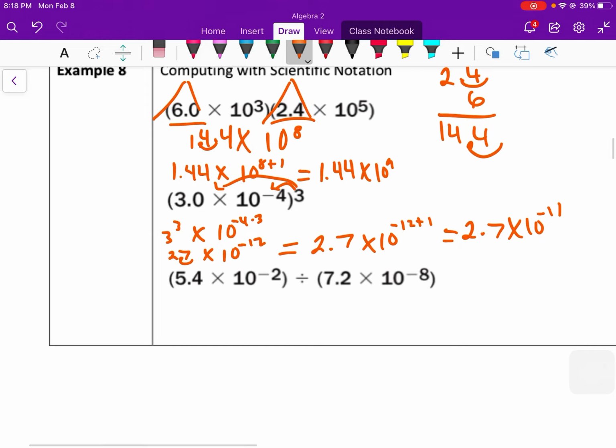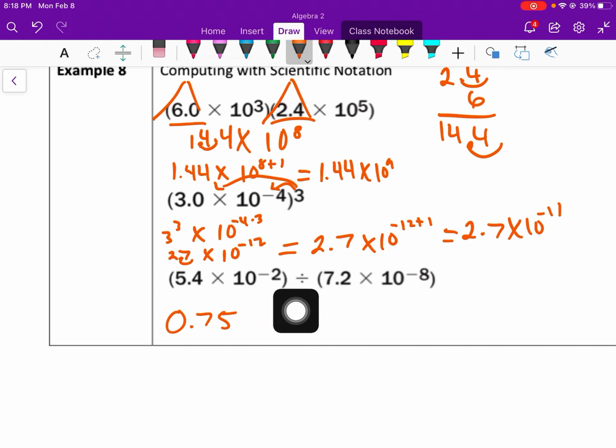All right, one more problem here. So we have a product divided by a product. So again, in this case, we can take 5.4 divided by 7.2 first. And I've done that in my calculator, and it's 0.75.